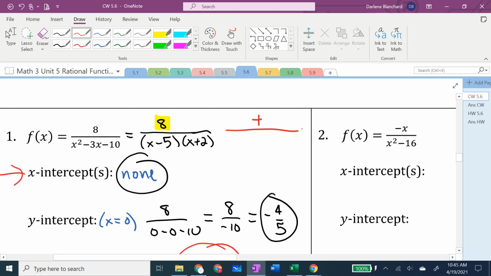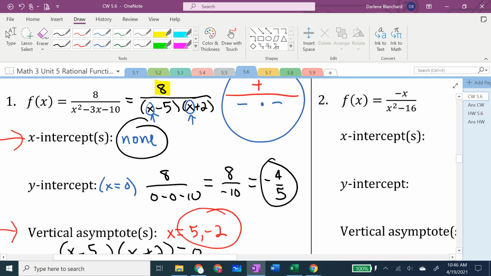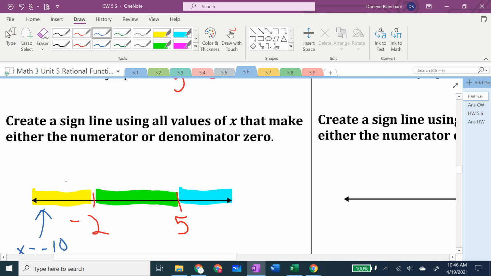It is positive at all times. So I only need to figure out 2 things. If I plug into those only 2 x's, negative 10, negative 10 minus 5 is negative, negative 10 plus 2 is negative. Overall, my fraction has 2 negatives. It's positive.